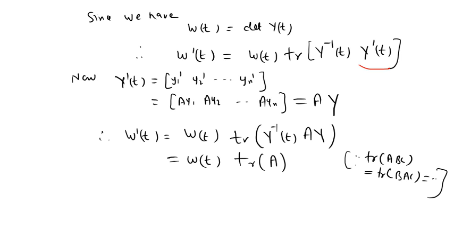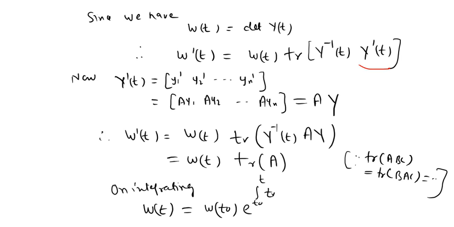Y inverse Y is the identity, so this is only the trace of A. Therefore on integrating, as we did for the 2 by 2 case, W(t) equals W(t0) times e raised to the power of the integral from t0 to t of the trace of matrix A. So this proves the theorem.